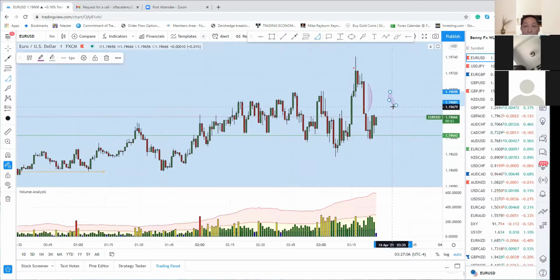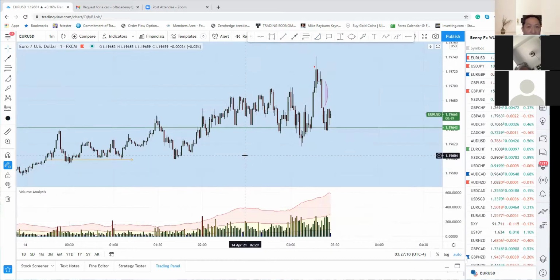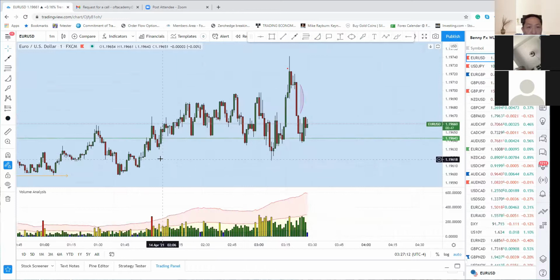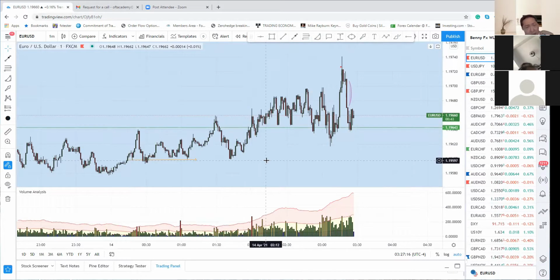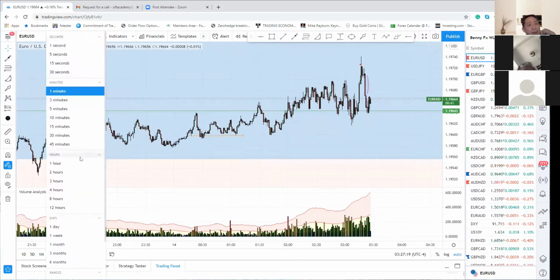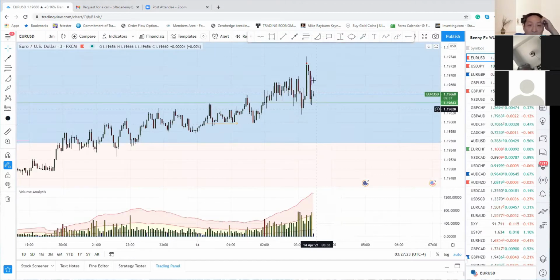But right now, if you study the distributions, I call them the 4 diagrams, I would like to wait until it breaks the preliminary support, which is this line.